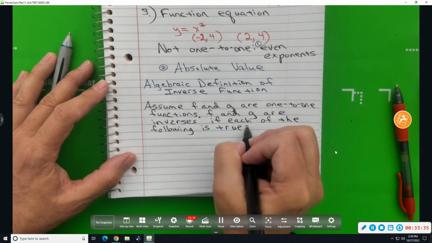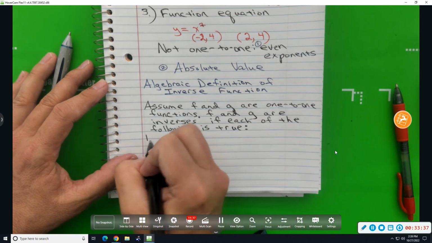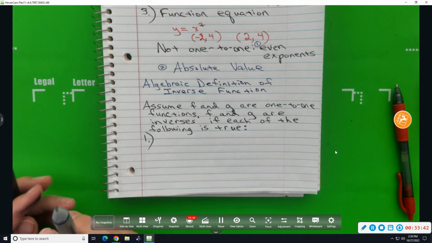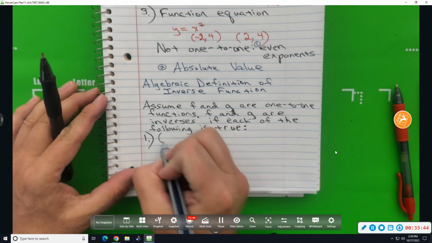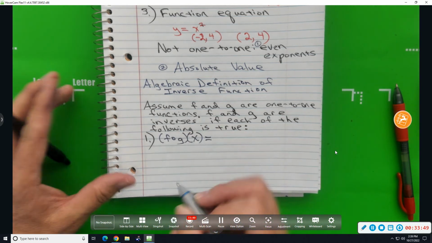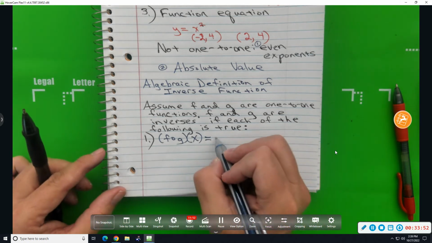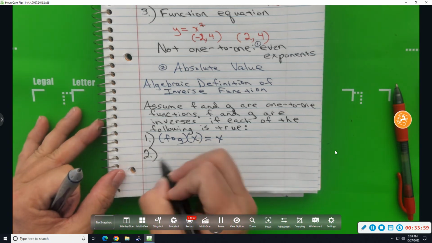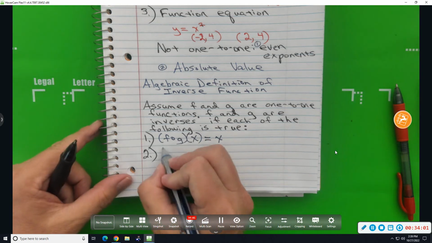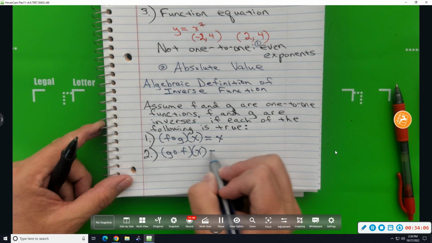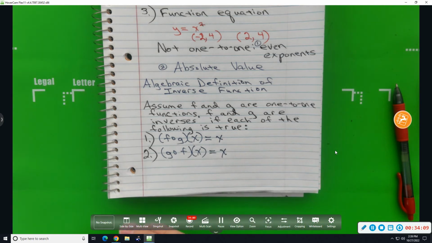There are two conditions. The first one: f composed with g of x reduces to x for every x in the domain of g. And if you reverse the composition, g composed with f of x reduces to x for every x in the domain of f.